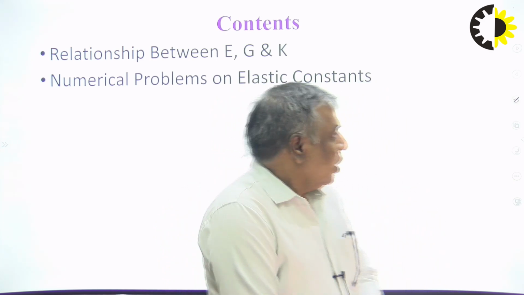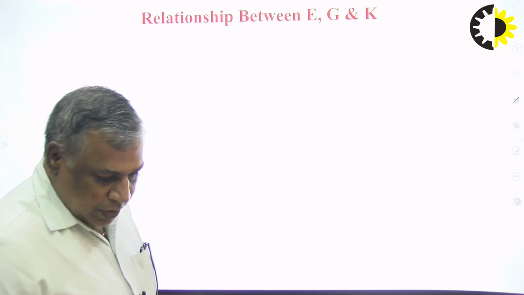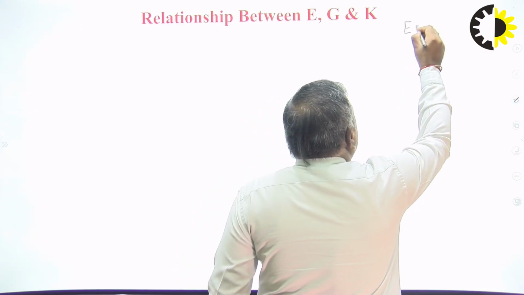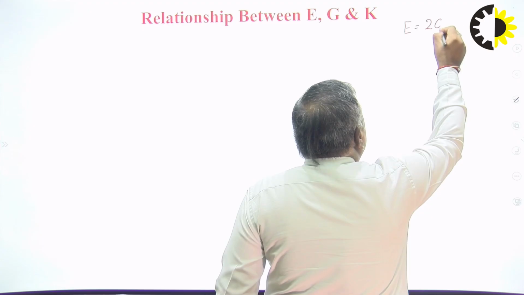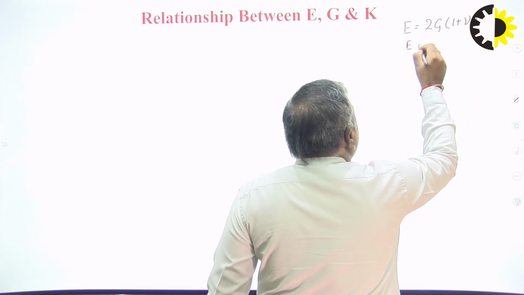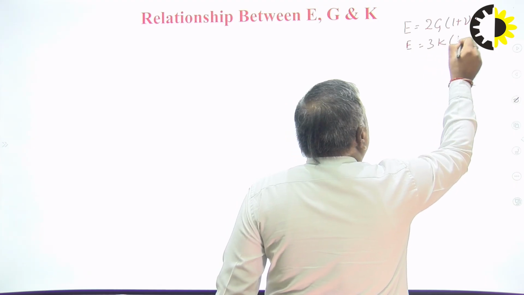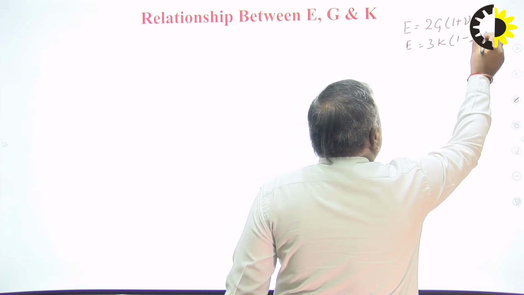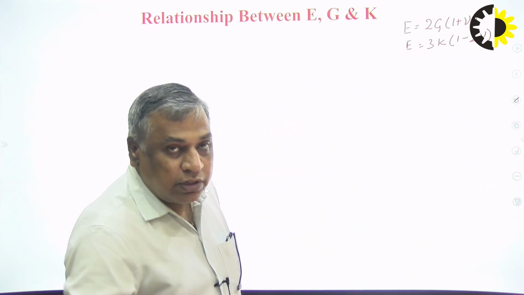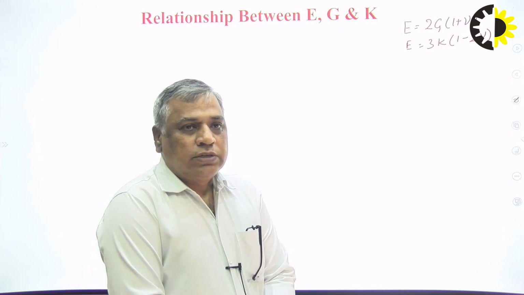So, the relationship between E, G and K: the basic relations we have already derived, that is E = 2G(1 + ν) and E = 3K(1 − 2ν). Those two relations we derived in our last two lectures.